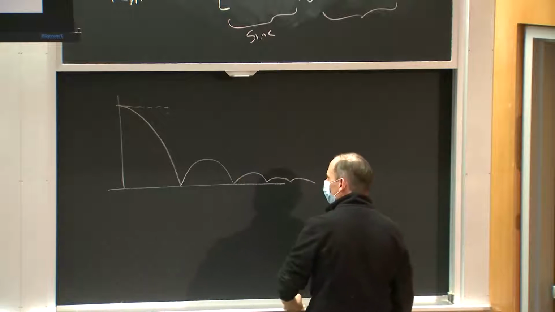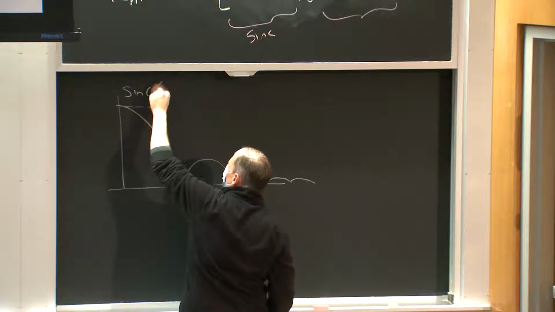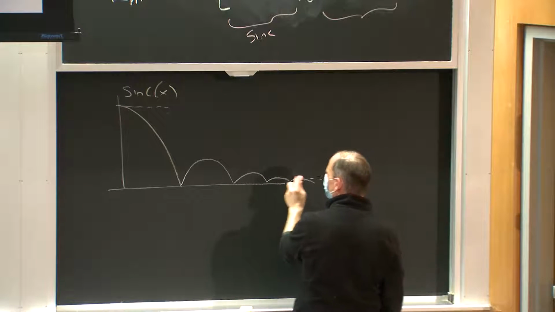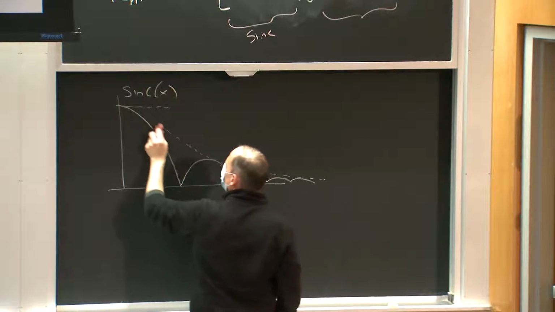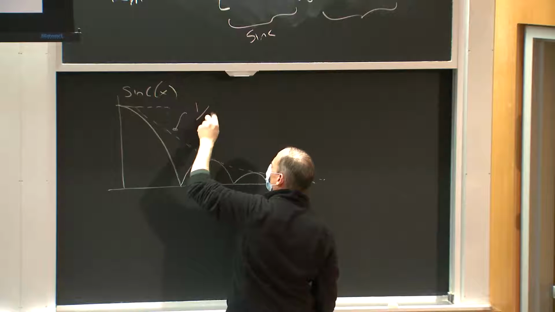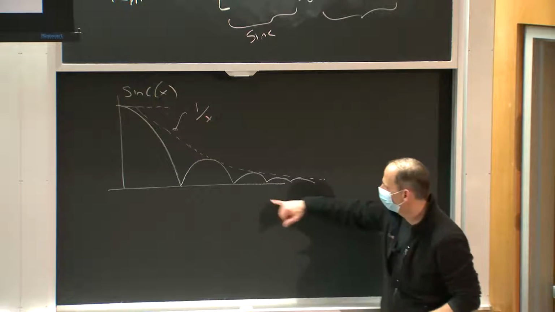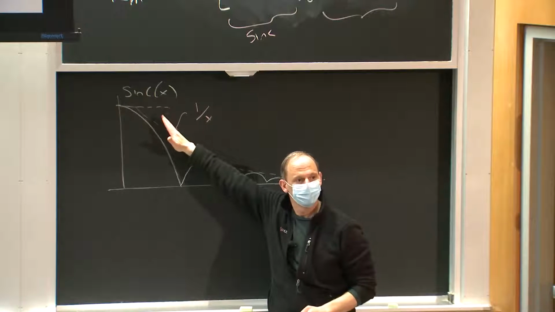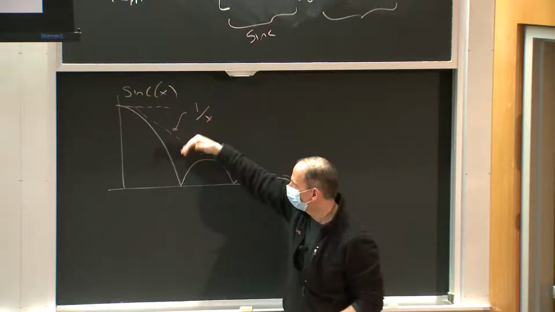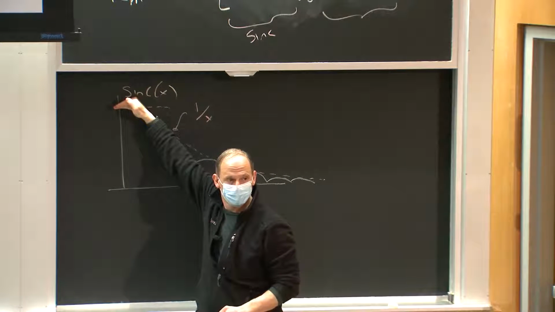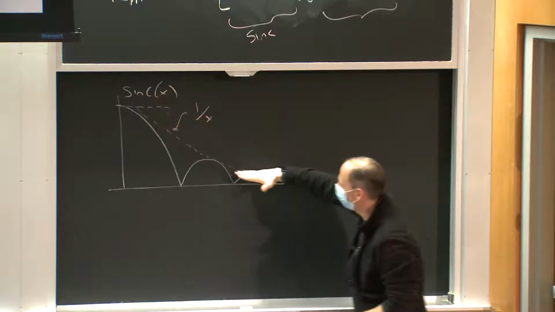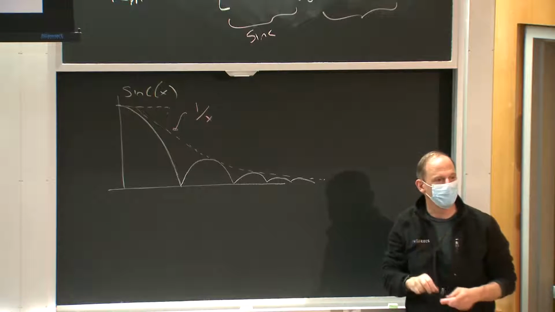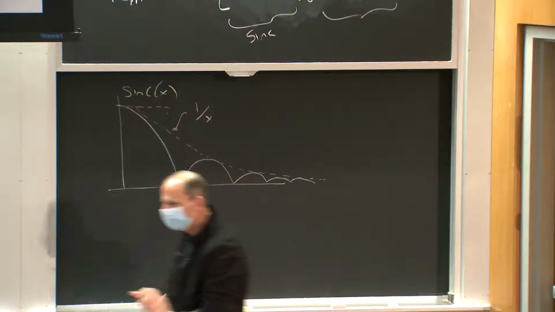Above x equals 1, if this is sinc of x, you get an asymptote that goes as 1 over x. Okay? So what I'm looking at isn't the actual value of the sinc function at any point, but what does the envelope of the peaks of the sinc function do? Does that make sense to everybody? So at low frequencies, it's DC, it's constant. And at high frequencies, it falls off as 1 over x, whatever x is. And we have the product of two sinc functions for our waveform. Okay? So what does that mean?